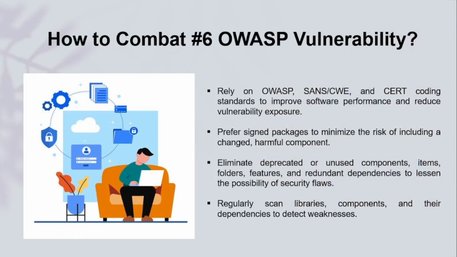How to combat this vulnerability? Development teams and security managers require defensive measures against malicious activity and must ensure their organization is not left open to cybersecurity threats. The most practical ways to address component-based vulnerability include the following. Rely on OWASP, SANS, CWE, and CERT coding standards to improve software performance and reduce vulnerability exposure.